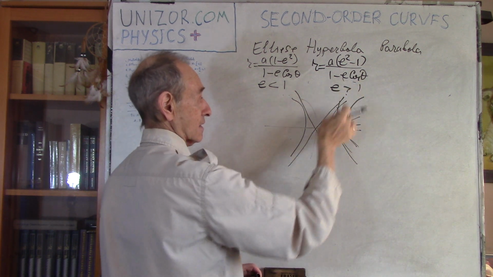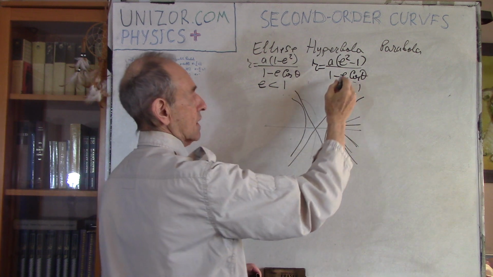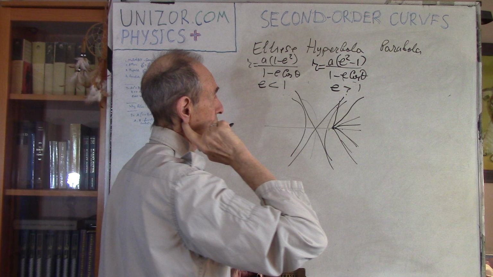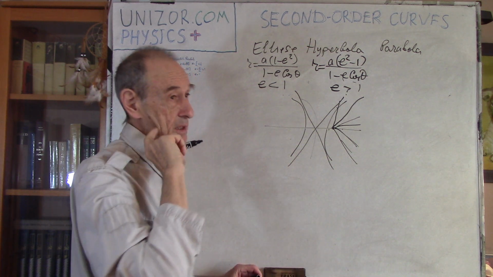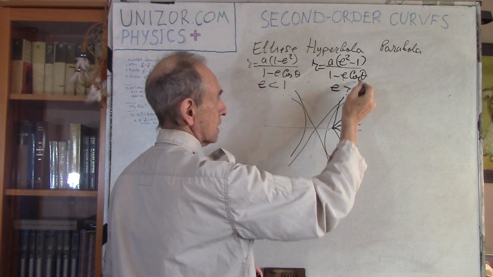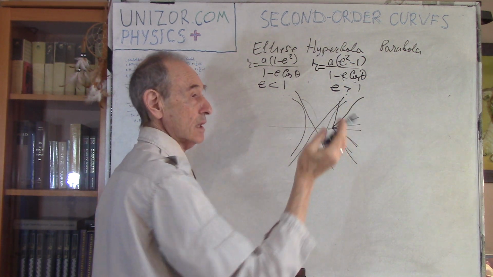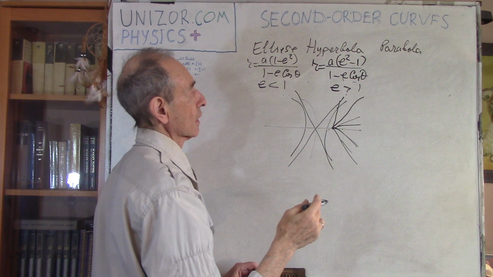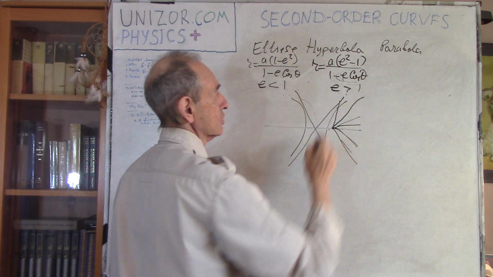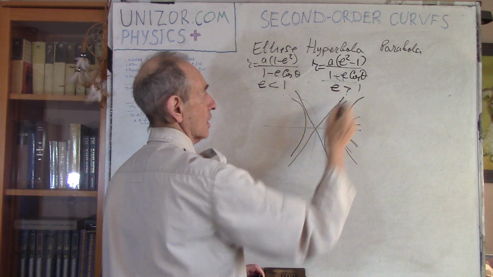if the angle is kind of smaller, then e, which is greater than 1, times the cosine of a smaller angle, which is close to 1, right? Cosine of 0 is 1, cosine of smaller angles is a little bit less than 1, but maybe not much. So this one might actually be negative, I mean the denominator.